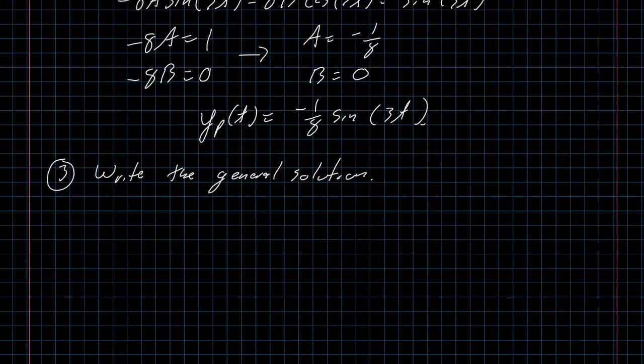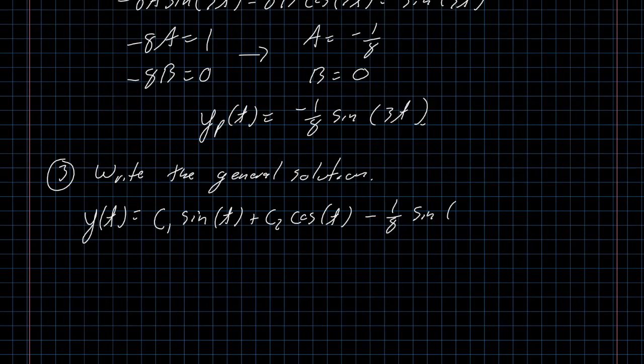All right. Now we can write the general solution. y of t is going to be the solution to the homogeneous case, c1 sine of t plus c2 cosine of t, plus the particular solution, minus 1/8 sine of 3t.